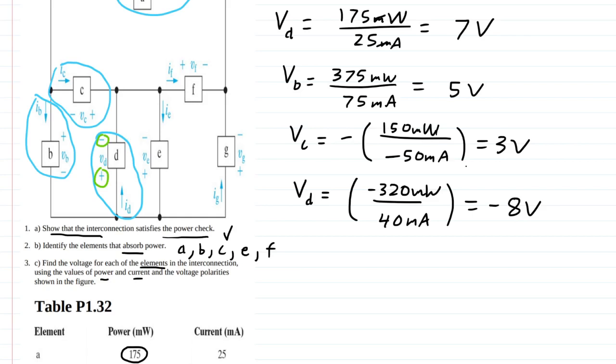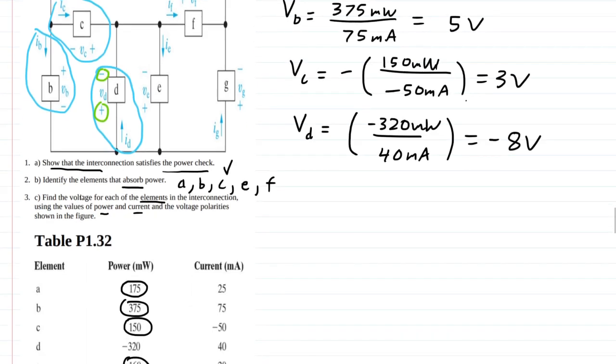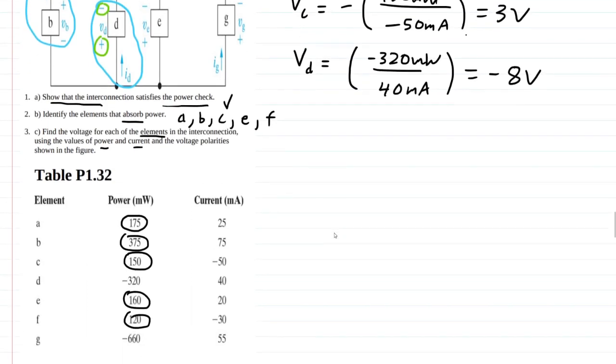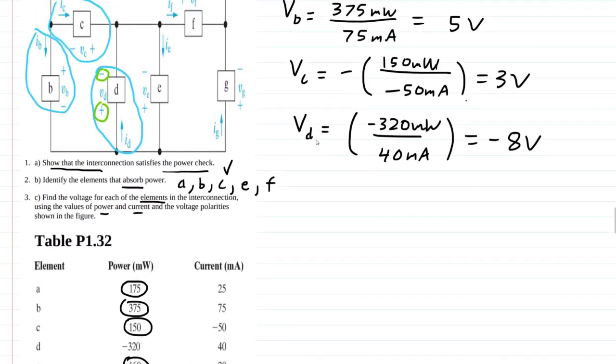So for element E, we have, what is it? Okay. So we notice, let me do that one more time, we have the current flowing from minus to plus. So we're going to have a negative sign at the front of our expression.